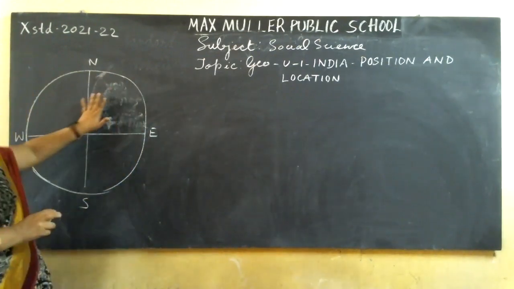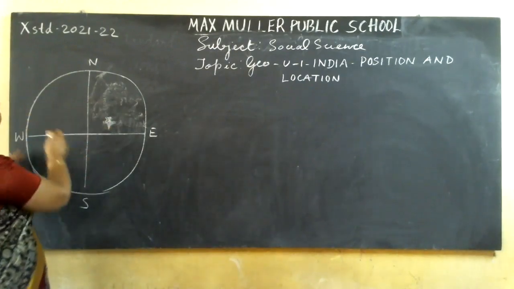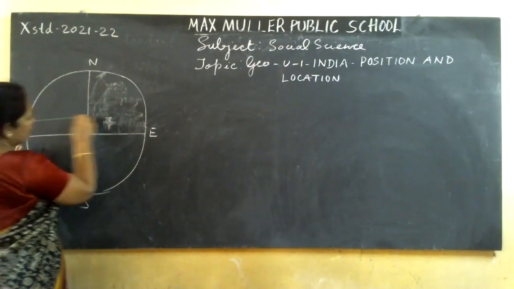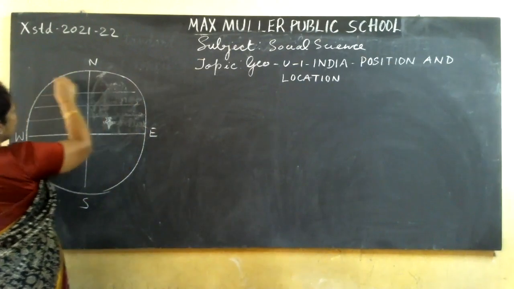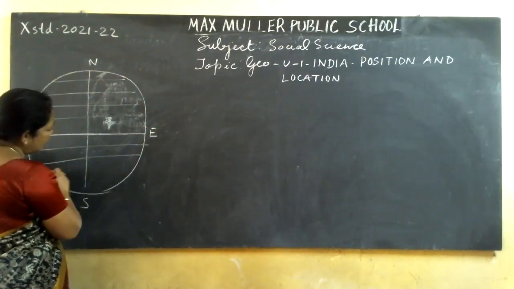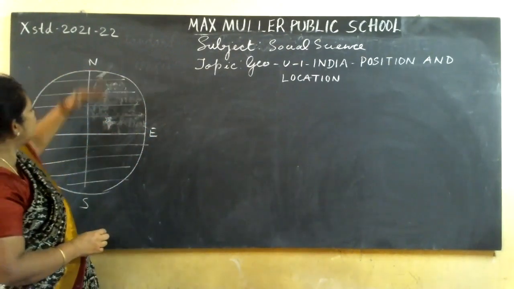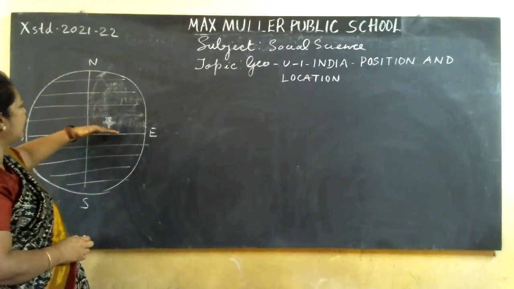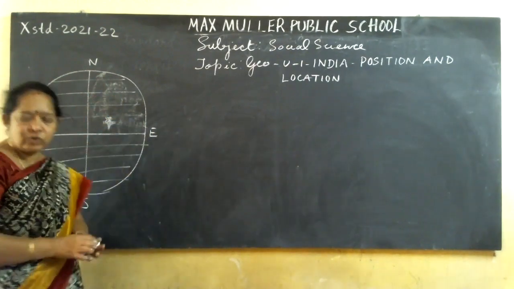So all the latitudes, which go from here, which are horizontal, these are the latitudes, right? And this is all on the north side. It is located there, and all the latitudes will be north latitudes only.